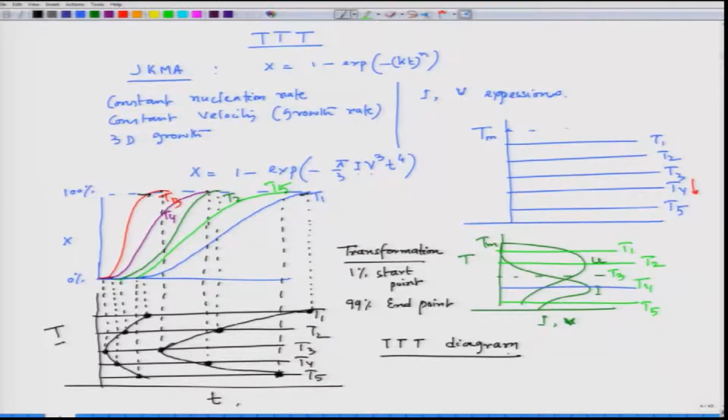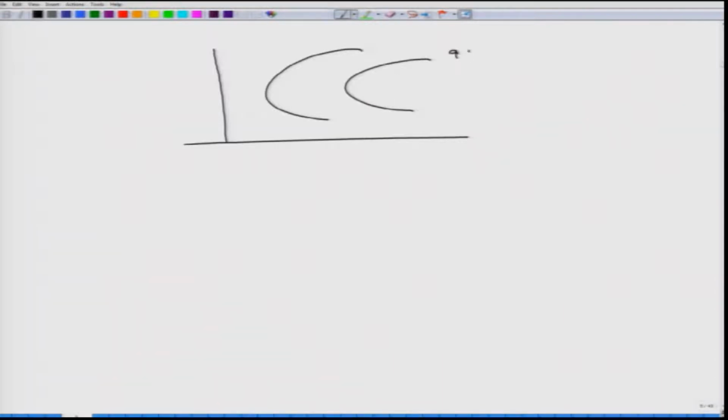We have also looked into these aspects in phase 1, but interestingly this is mostly in the case of a single component system. And also we have looked at aspects like, if we have a TTT diagram like this, this is 99%, this is 1%.